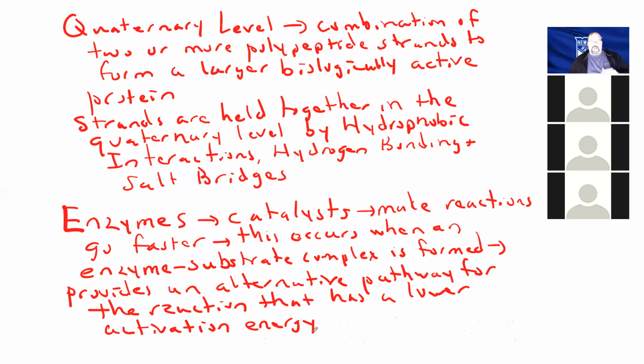The less energy it takes to reach that activation energy, whatever that value is, the faster the reaction is going to occur, because it takes less to overcome that energy barrier. Essentially, the activation energy is the energy barrier that has to be overcome in order for that reaction to occur.